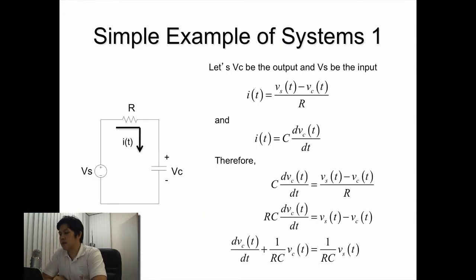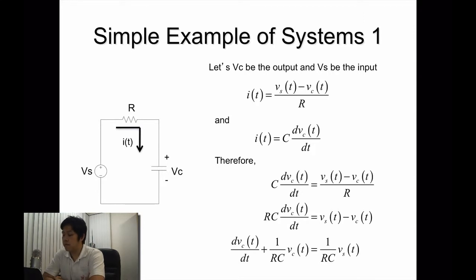Let's look at the first simple examples. To describe the system, we need to draw relationships between signals, between variables in the systems. In these systems, it is a basic electrical RC circuit. So you have a resistor here and a capacitance here. How can we derive relationships between signals?